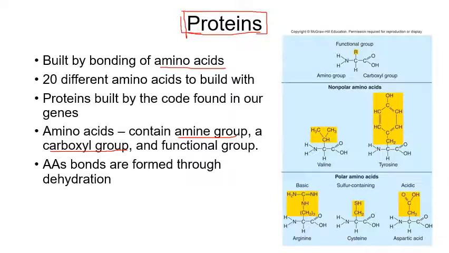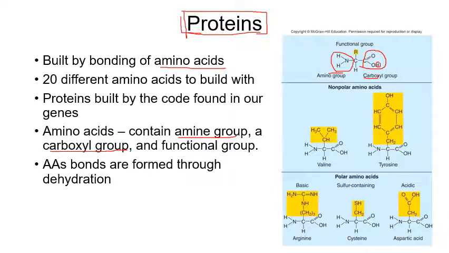So all amino acids in our proteins, they all have an amine group and they all have a carboxyl group. Okay, therefore the name of this molecule, amino and acid, because remember this hydrogen here can be released, amino acid.